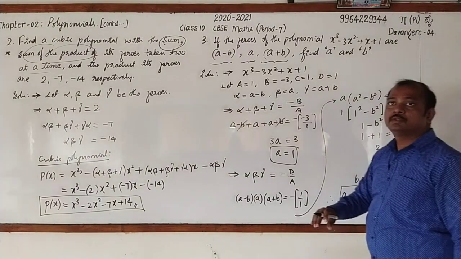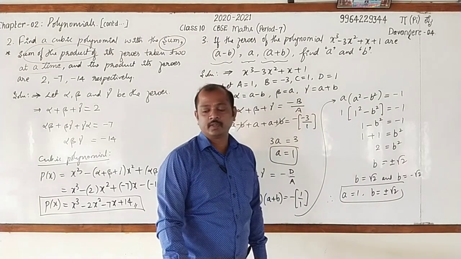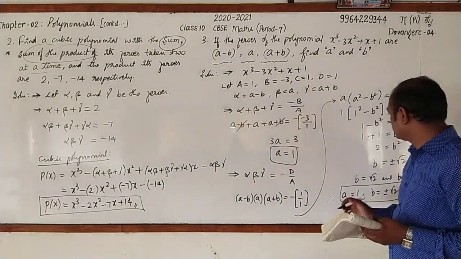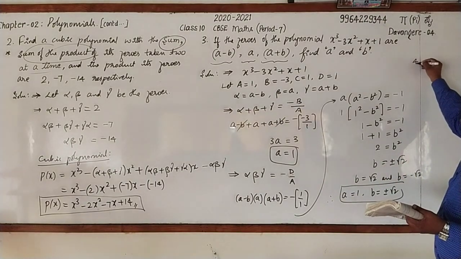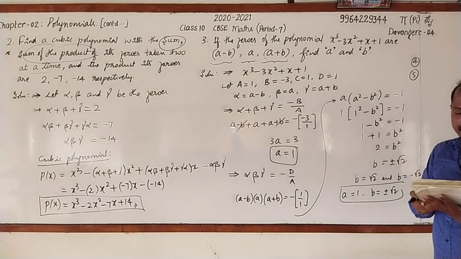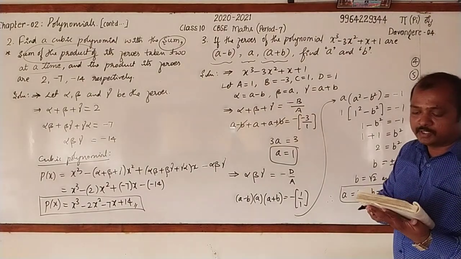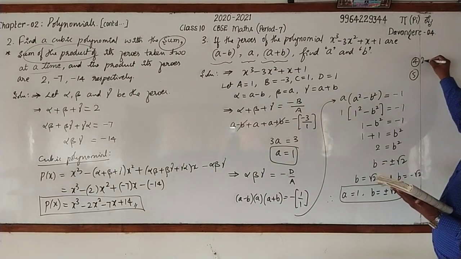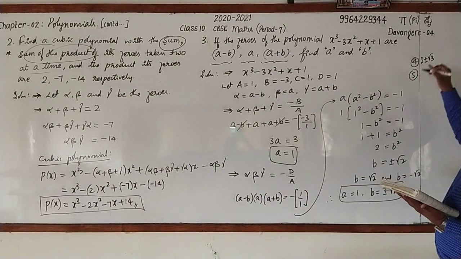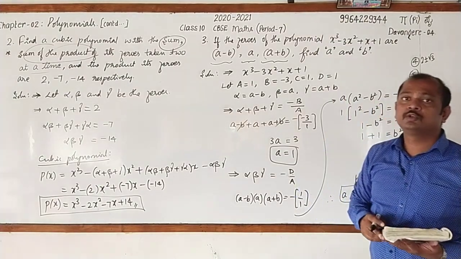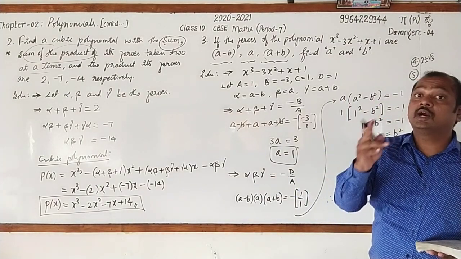So total 3 problems are over. Dear students, actually we have 2 more, that is the 4th one and the 5th one. They are like this. If the zeros of the quadratic polynomial are given, they are given 2 zeros, 2 plus or minus root 3. That is 2 plus root 3 and 2 minus root 3. These are the 2 zeros. We have to find out the other 2 zeros.